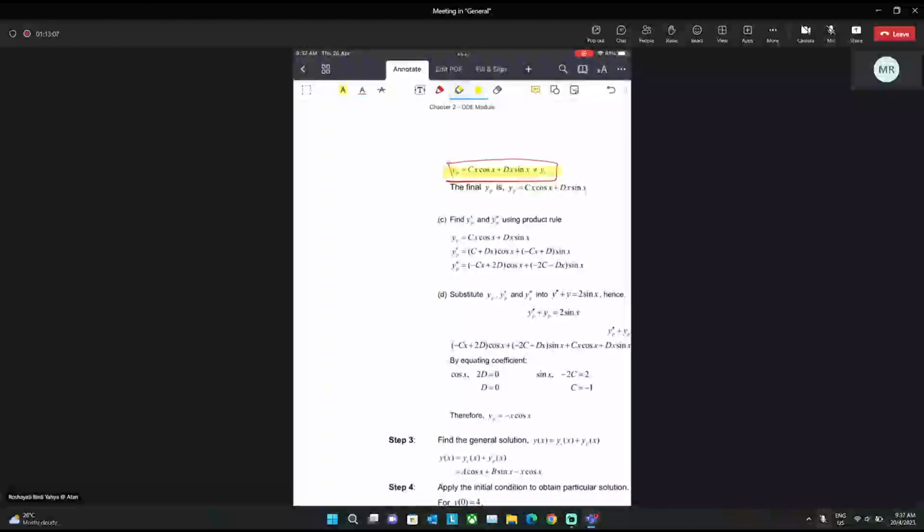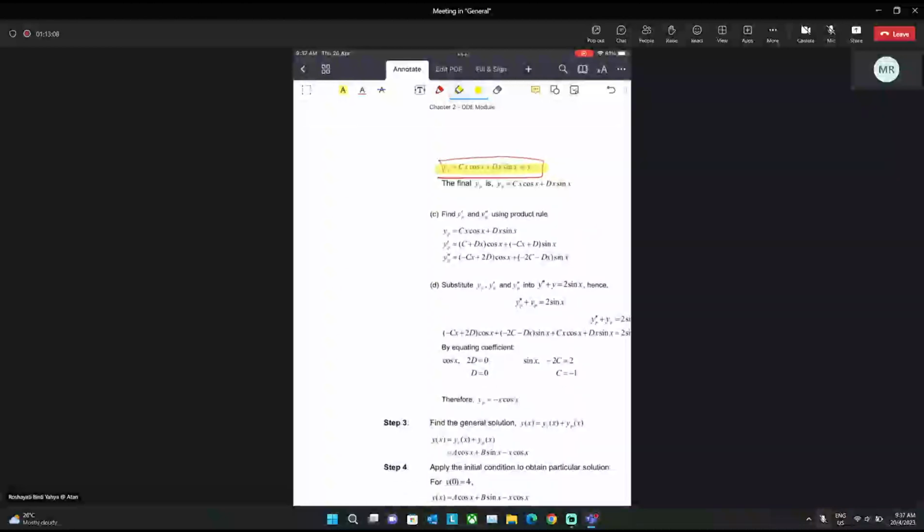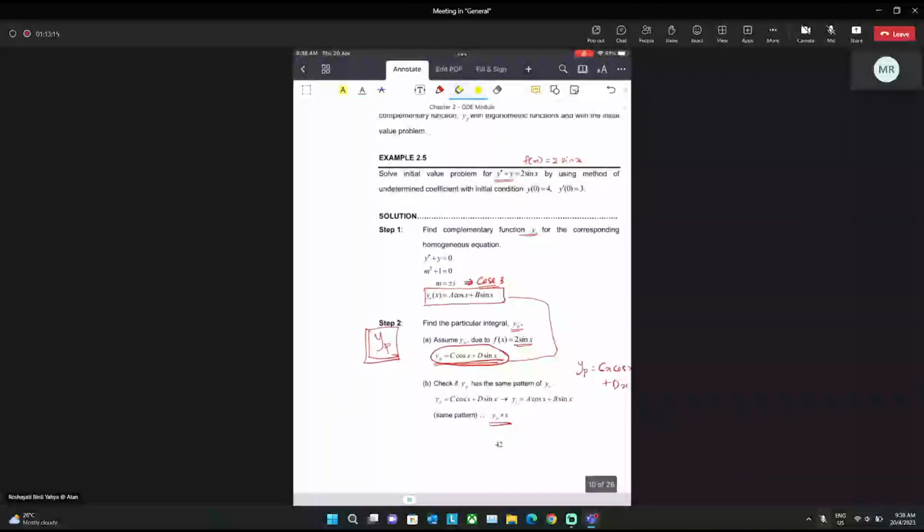Please highlight like this. YP and then YC mana?